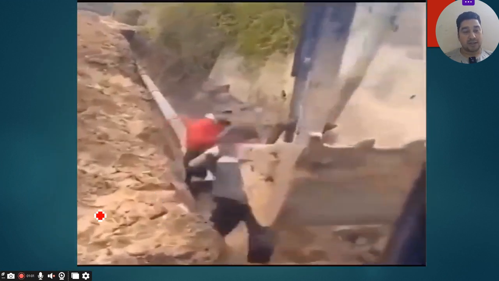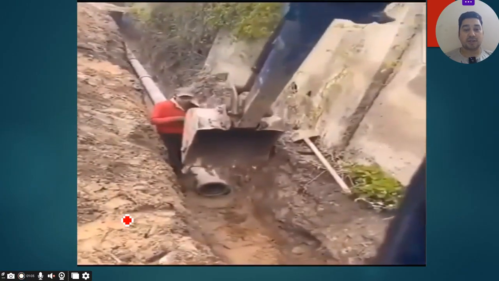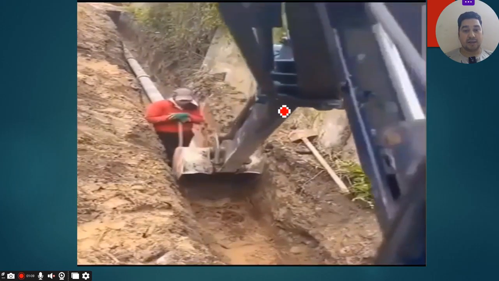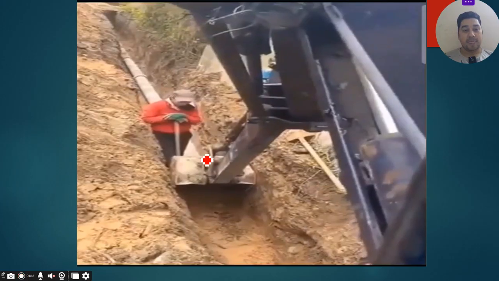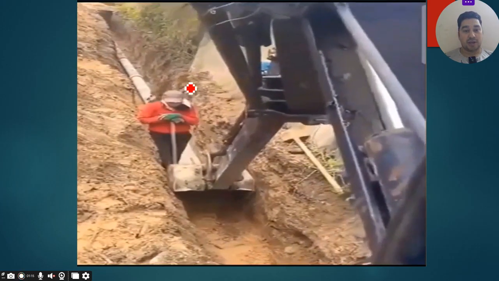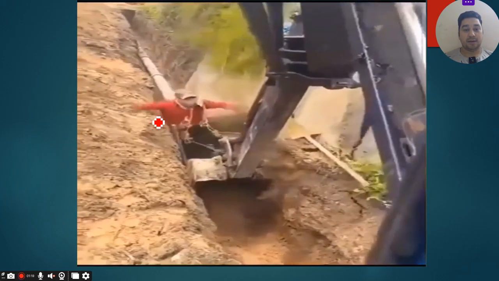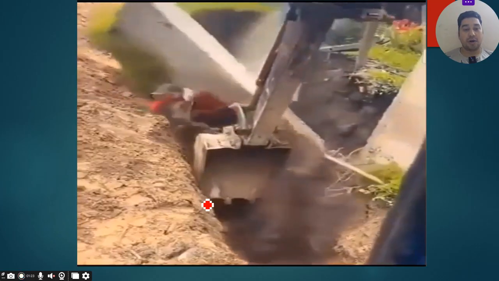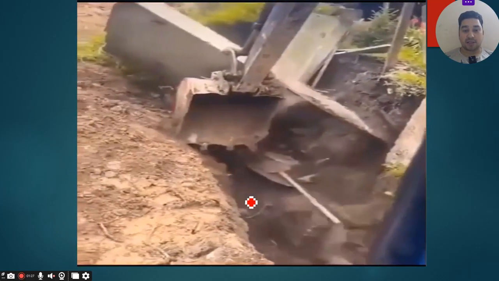Before starting this training, I would like you to just watch this video. In this video, you can see there are two workers. They are working, and there is a JCB that is excavating the area. And here, you can see this wall is falling down, and there is no proper protection to avoid any cave-ins and any excavation hazards.